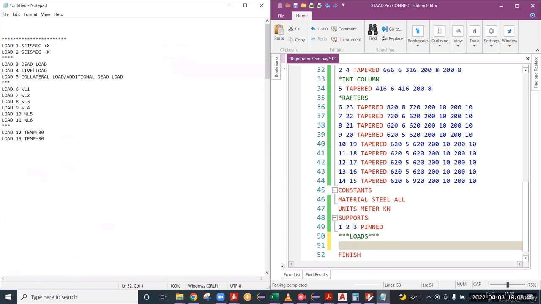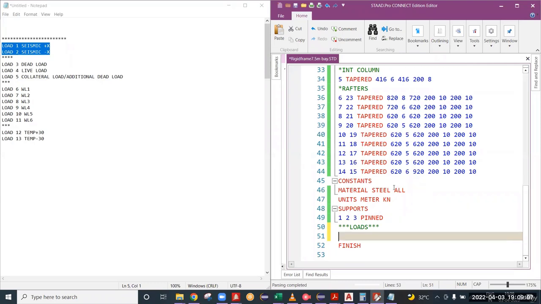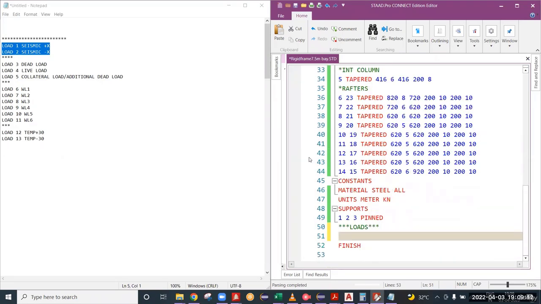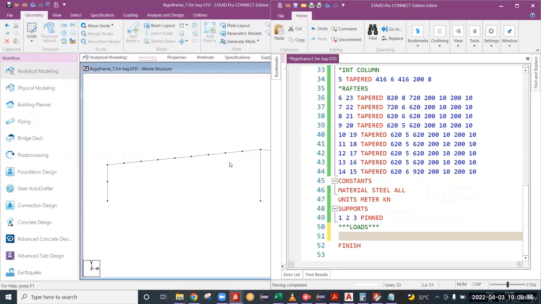If you see this, load number one is seismic in positive direction. Before going to the seismic loads, you have to define a seismic definition. How will you define a seismic definition? Because we are doing AISI design, we are going to apply seismic by reference of IBC, International Building Code.